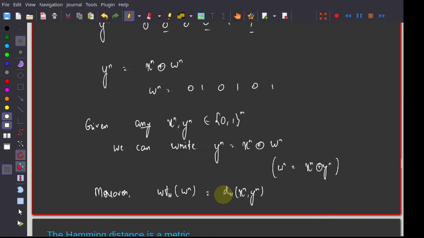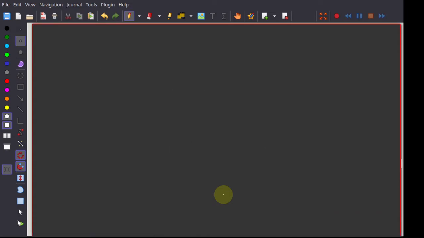So this substitution error model can be thought of in the following way. You're transmitting a sequence xn, and you receive a sequence yn, and there's an error sequence which is added to it. But how is this error sequence chosen?